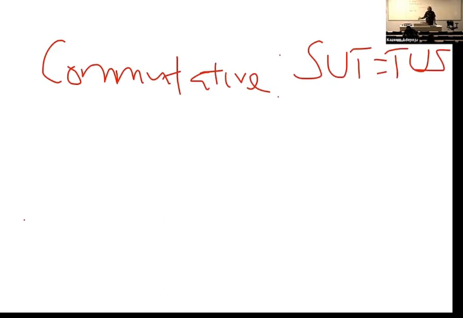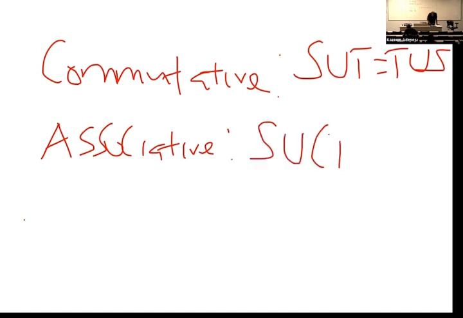We can prove that. S union T is T union S. And it is also associative. For instance, this would be equal to this.